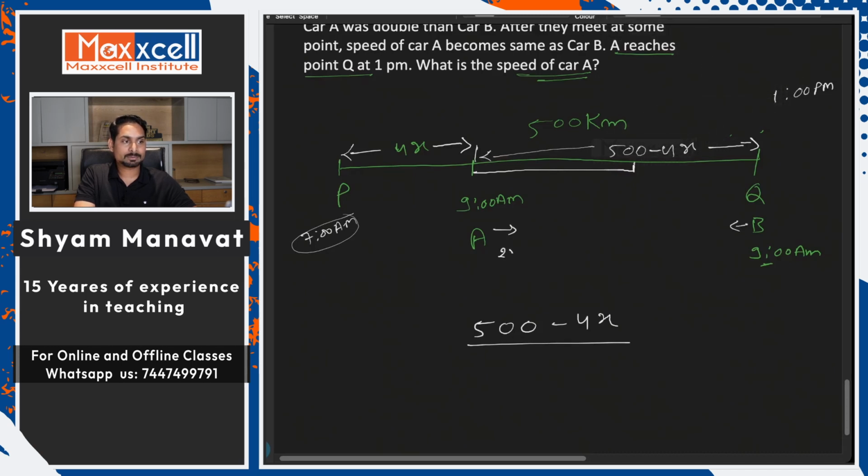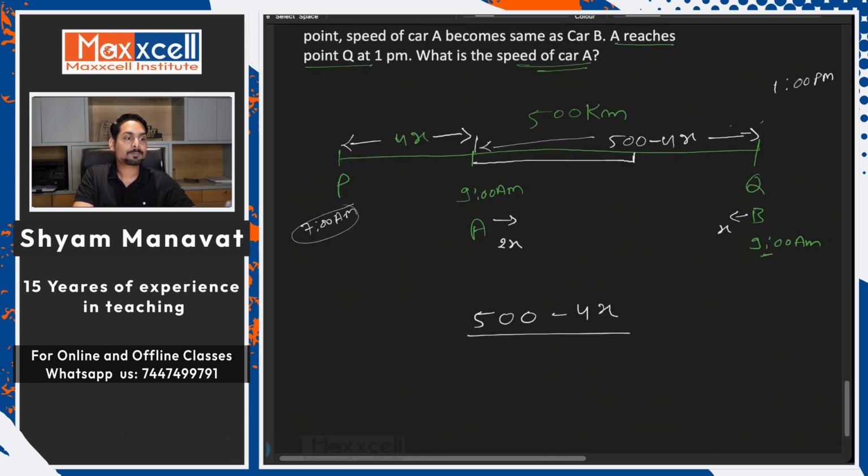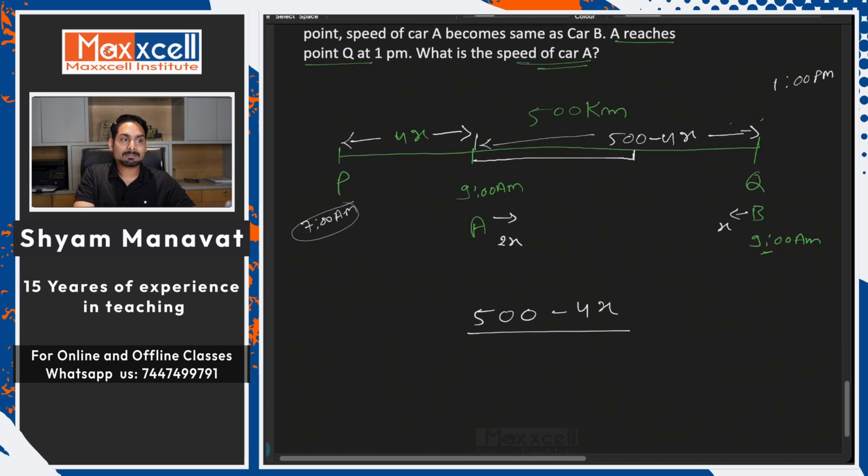A, I have assumed speed to be 2x. B, I have assumed speed to be x, as A is twice as fast as B. Distance between them remaining is 500 minus 4x.